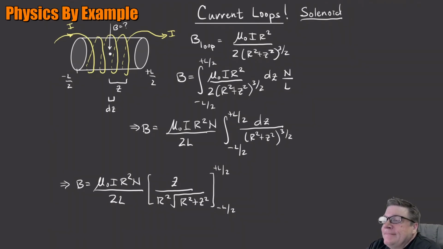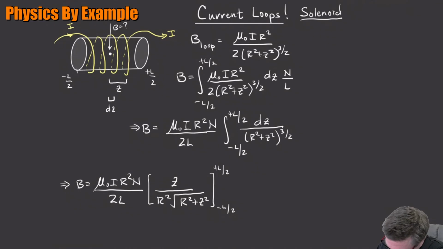All right, so I'm going to plug this in for z. We've done this a couple of times already. The denominator does not change because I'm going minus and plus, and z is being squared. In the numerator, I have plus L over 2 minus a minus L over 2, so that's just L.